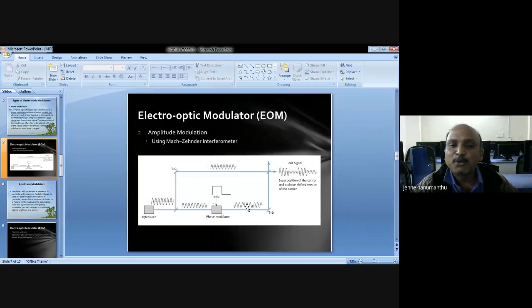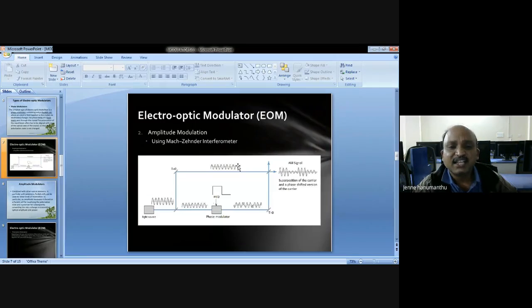So that is called amplitude modulation. So the amplitude is going to be modified. These two are combined, and you can get a superimposed AM signal. This is called a superimposed AM signal, right? We don't want superimposed, but we want only the AM signal, the amplitude modulated signal.